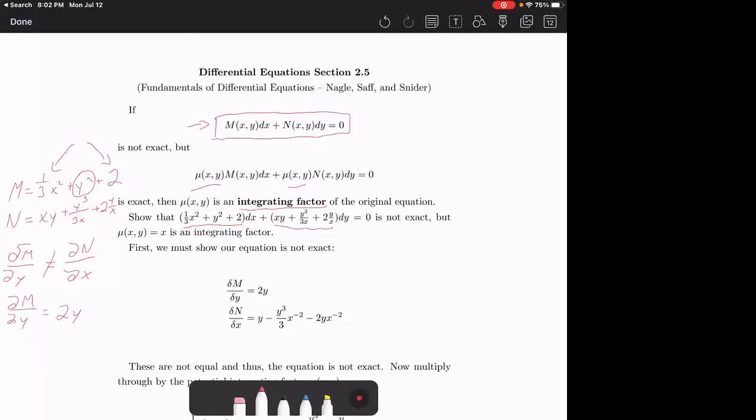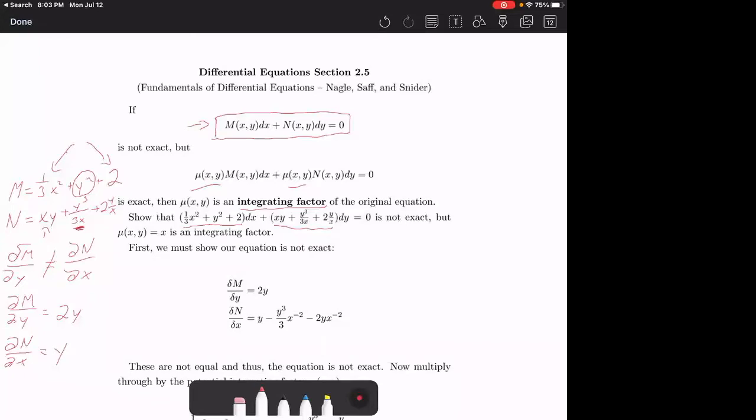Now for delta N delta x, all of these terms have an x in them, so there are going to be a lot more pieces here. We can tell immediately it's not going to be 2y. The derivative of x times y with respect to x is y. But then we get into all these x to the negative 1 values. Remember, the y cubed over 3 is just a factor in this instance.